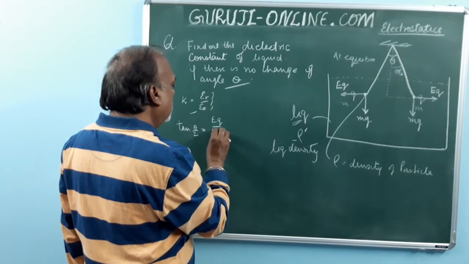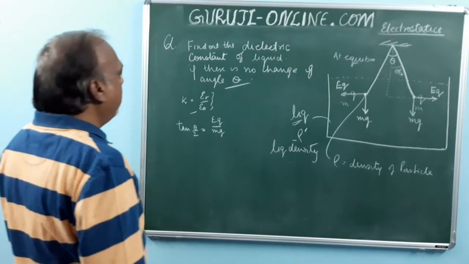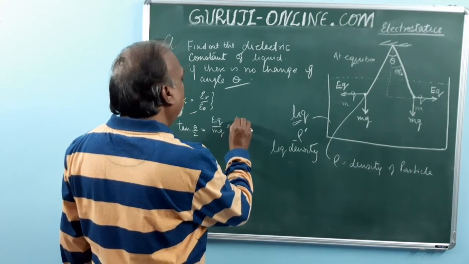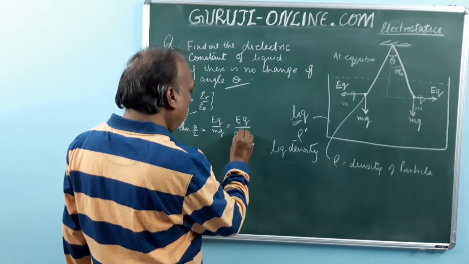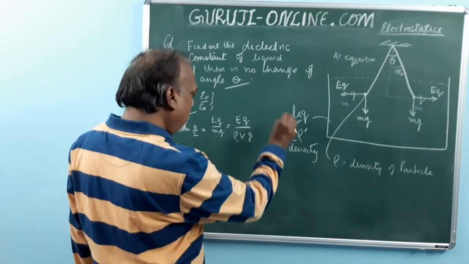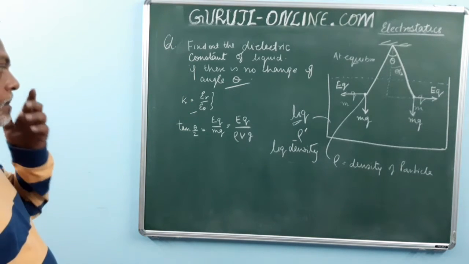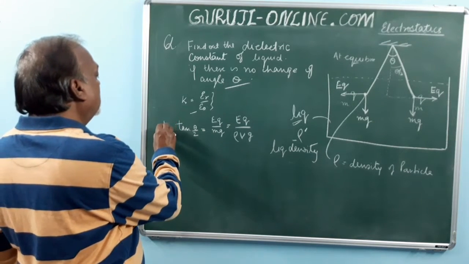upon mg in the first system, and this will be nothing but EQ upon rho Vg, because rho is the density of the particle. In the first system.